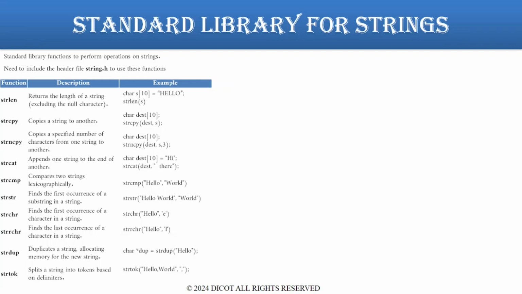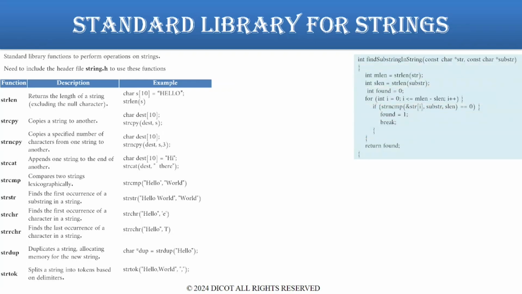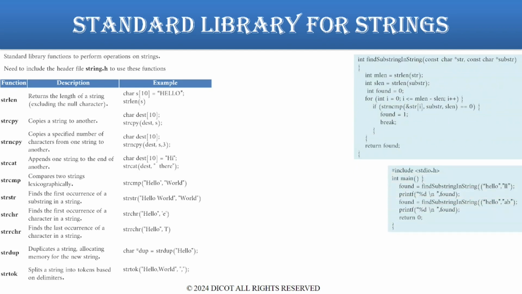Now let's try to use some of these string functions in our programs. Consider the isPalindrome function in our last example, which was implemented to check whether a string is a palindrome or not. Now let's try to minimize this logic into a simple one-line function using string library functions. The string reverse function will take the original string and return the reverse of that string.